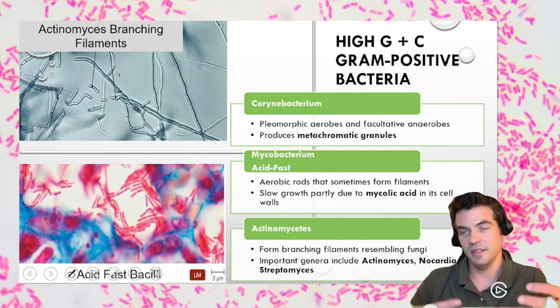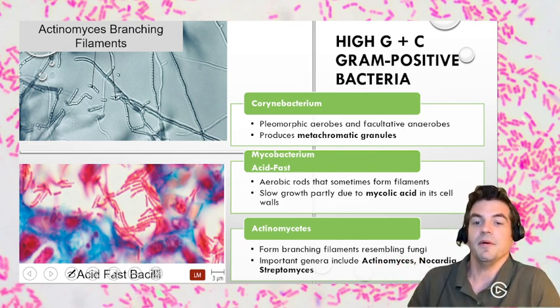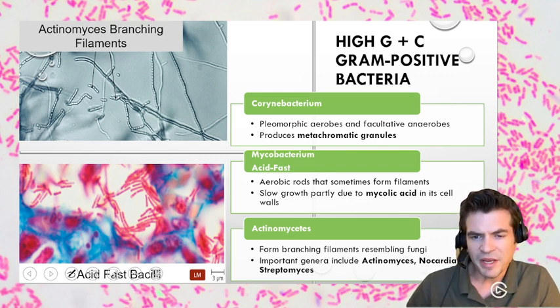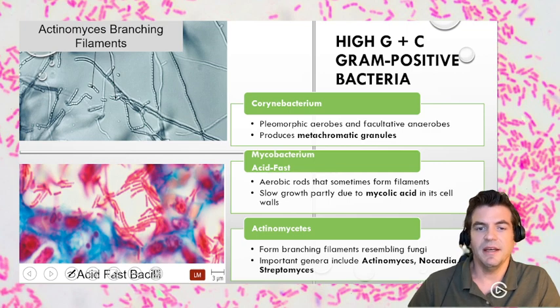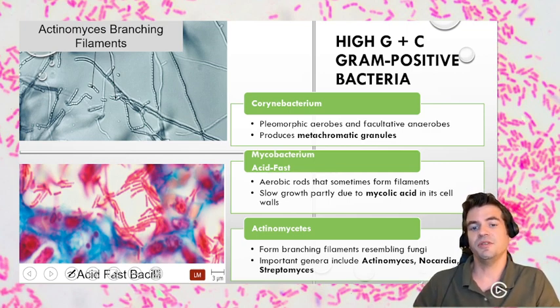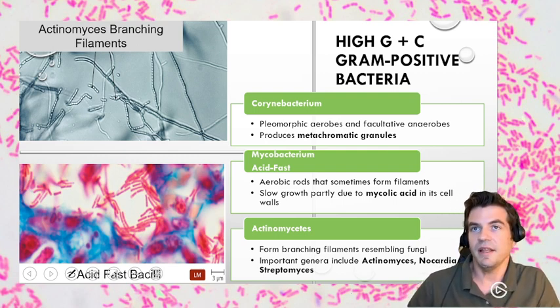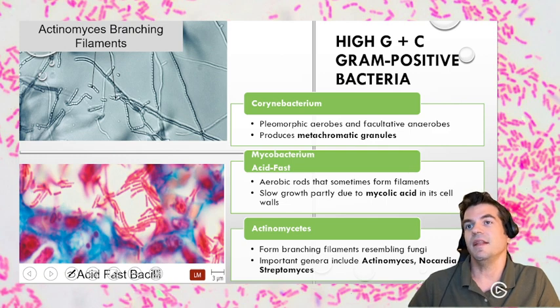It's in our eyes, it's on our skin, but we want to know it anyway. Mycobacterium are acid-fast. This is a different type of bacteria, very similar to mycoplasmas in that they are unique and they stain a little bit differently.